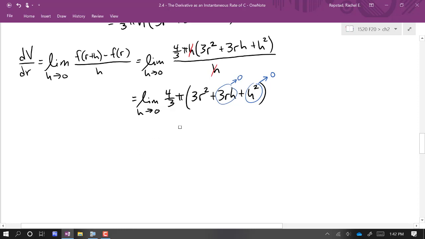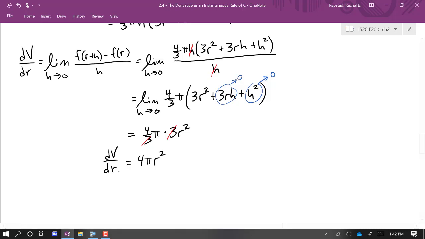We're letting h approach 0. We don't have to write lim anymore. 4/3 pi times 3r squared. Let's simplify. We can cancel those 3's. We get 4 pi r squared. Look, this is the function that describes how the volume changes with respect to radius.